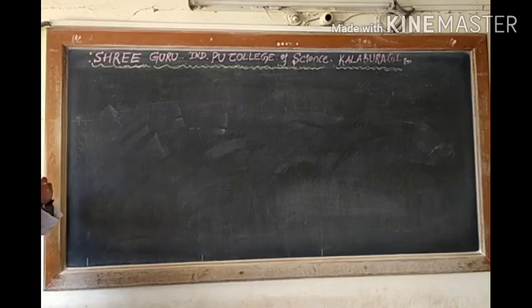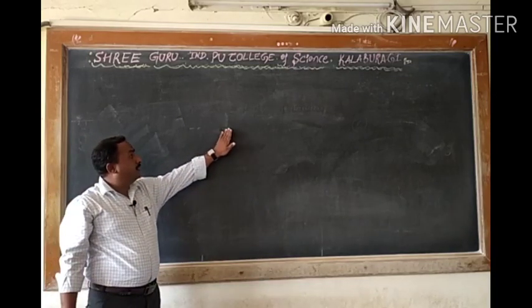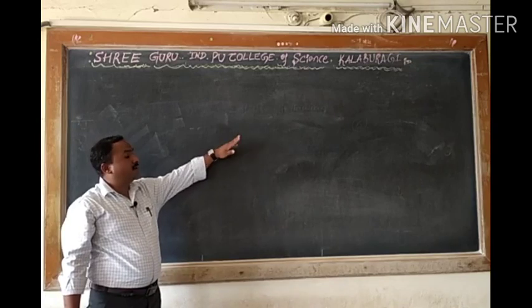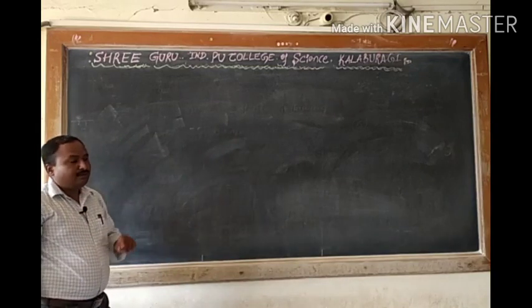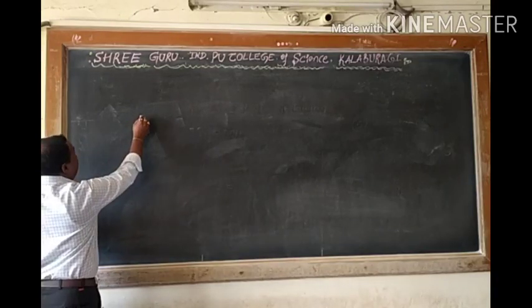Here in complex numbers, the main important rule is about i, the imaginary number, iota. Study i, the imaginary number.